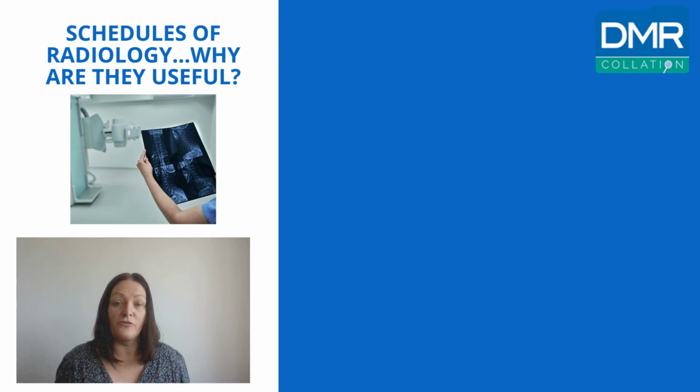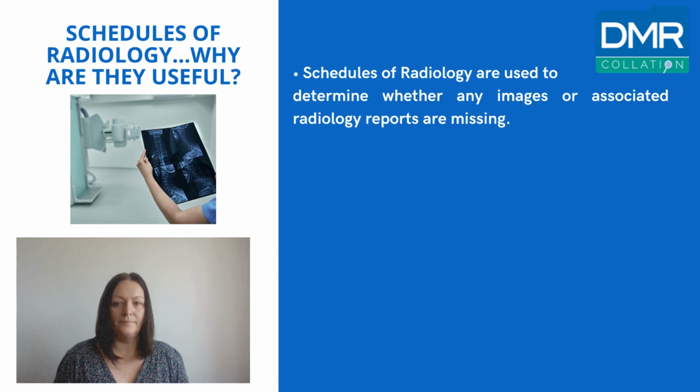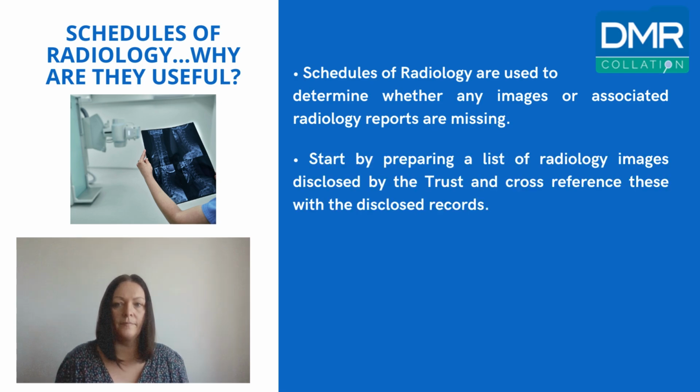Next, we're moving on to schedules of radiology and how they can be useful in identifying missing imaging and reports. If you have the time and it's relevant to the case, preparing a schedule of radiology in the matter can be very helpful in determining whether any imaging or associated radiology reports are missing.